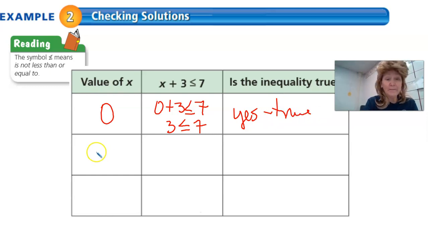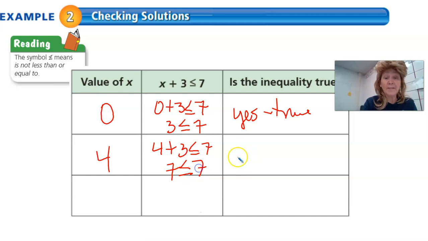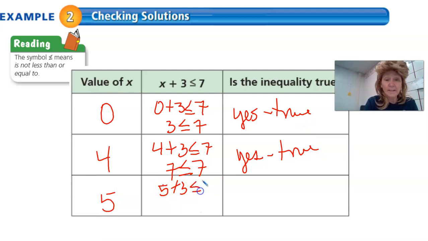And then what if I try to put in a 4? If I plug in 4 plus 3 is less than or equal to 7. Is 7 less than or equal to 7? Yes, this one's also true. Now what if I plug in 5 and I write 5 plus 3 is less than or equal to 7? Is it true that 8 is less than or equal to 7?